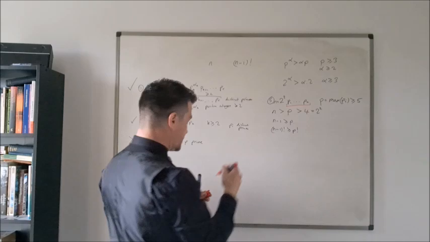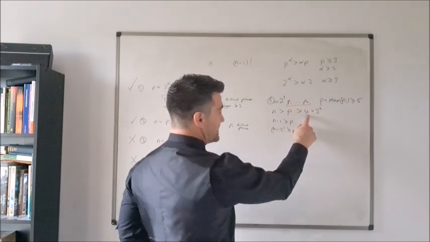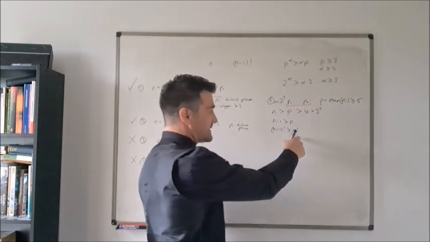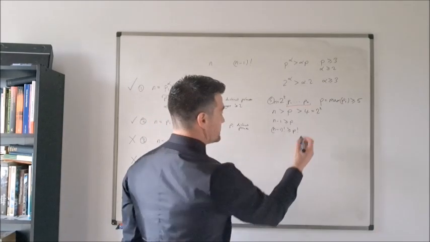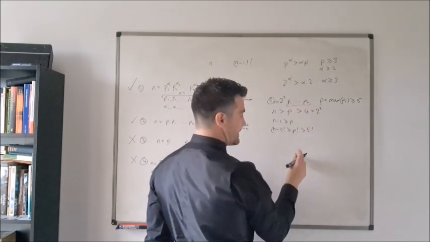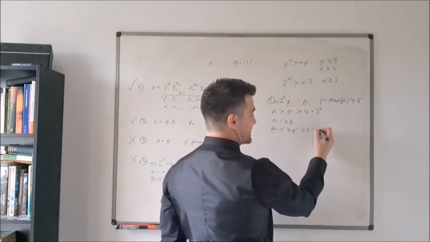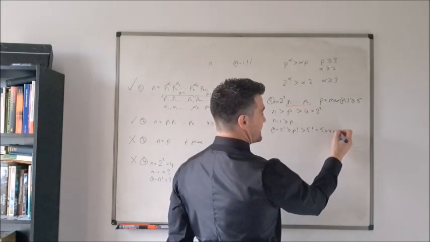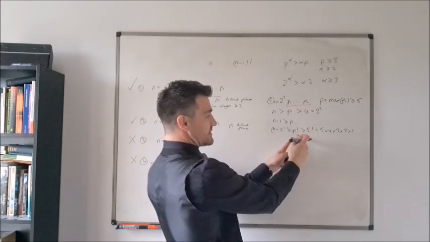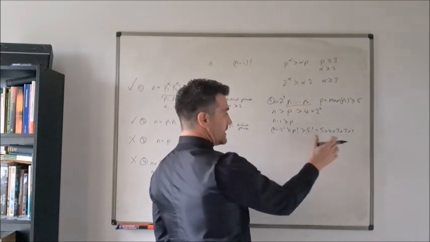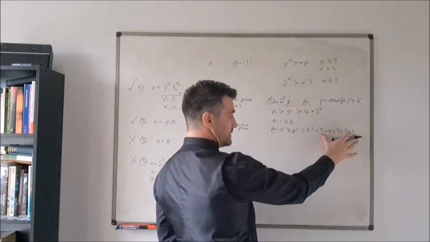But what about the 2 squared? That's where this comes in, because p factorial is greater than 5 factorial. But 5 factorial, remember, is 5 times 4 times 3 times 2 times 1. So in p factorial, we've got all of these factors as well.